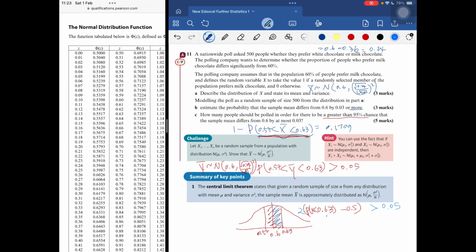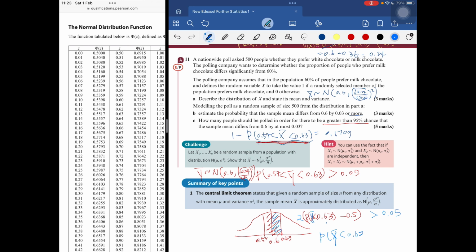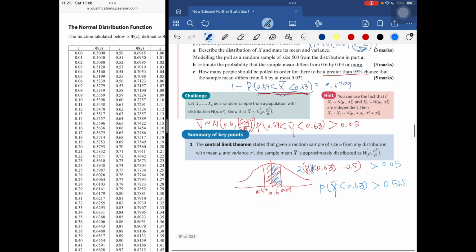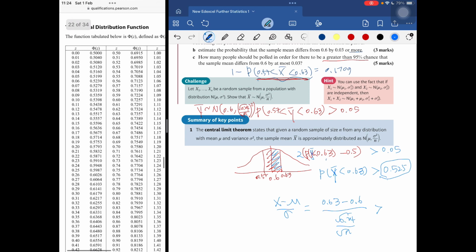So the probability that y bar is smaller than 0.63 is larger than or equal to 0.525. So the z-score, (x minus mu) over sigma, is 0.63 minus 0.6 over square root of 0.24 over square root of n, larger than the z-score for 0.525, which is 0.06.